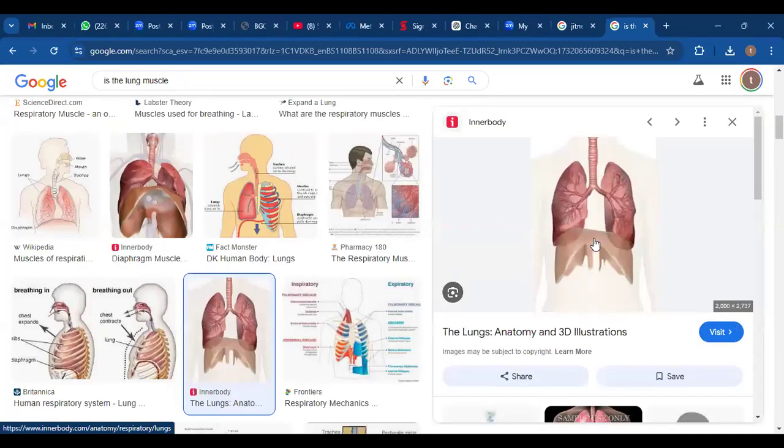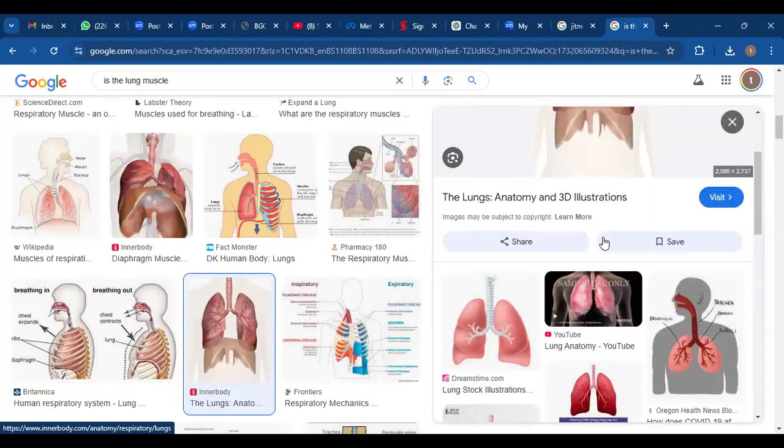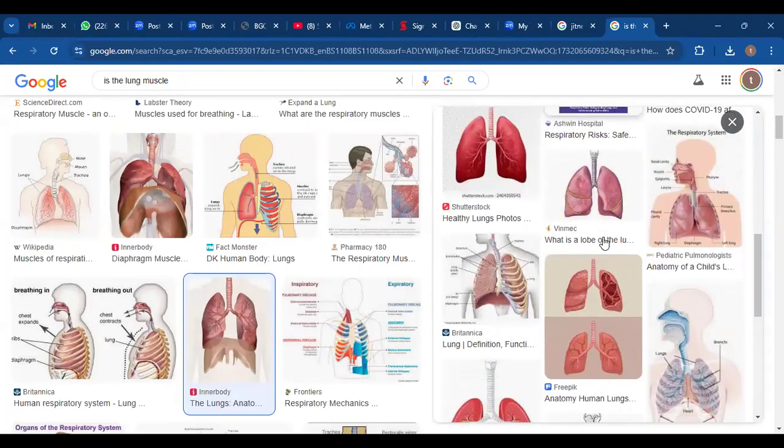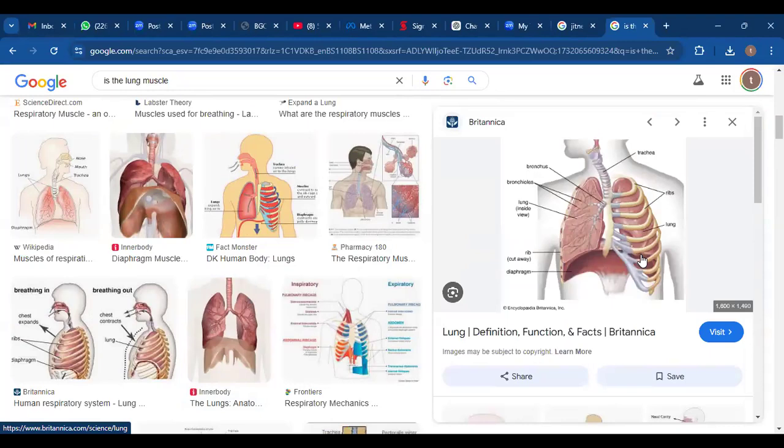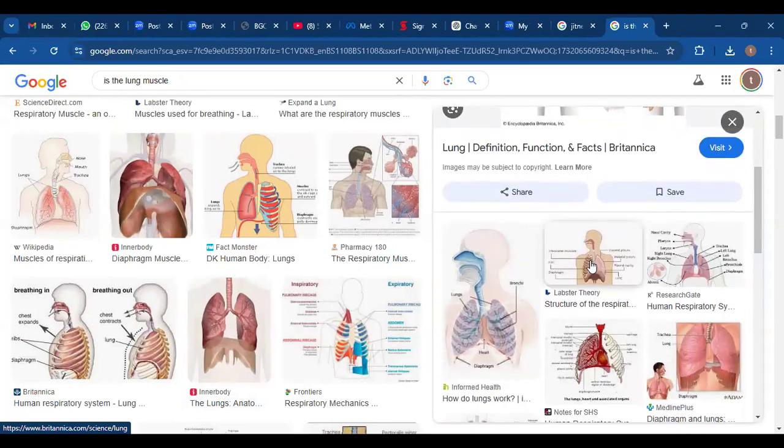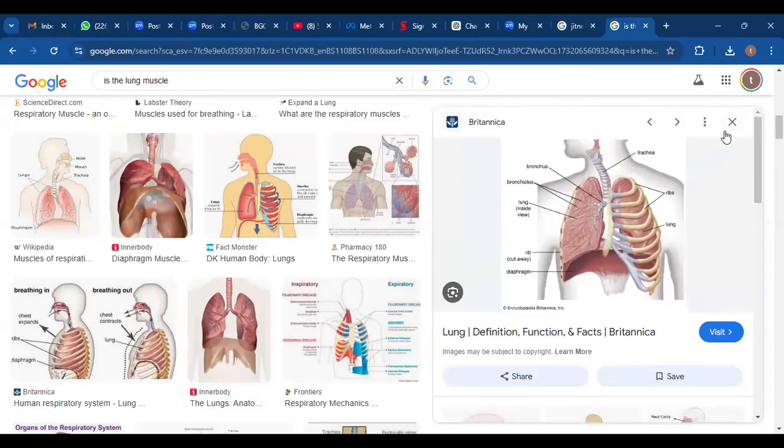This is the diaphragm. And based on whether you breathe in and breathe out, the diaphragm either contracts or relaxes. Okay. Understood. So that's what I mean. It helps with breathing. Very important. So the muscle that assists with breathing is the diaphragm. Exactly. Thank you.